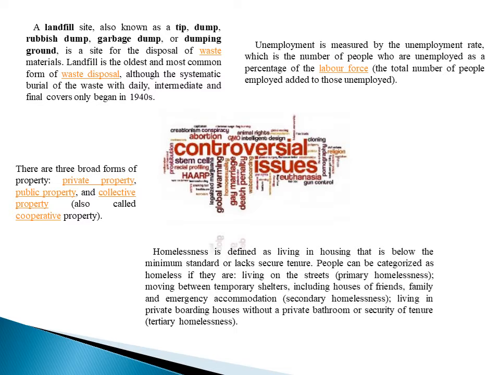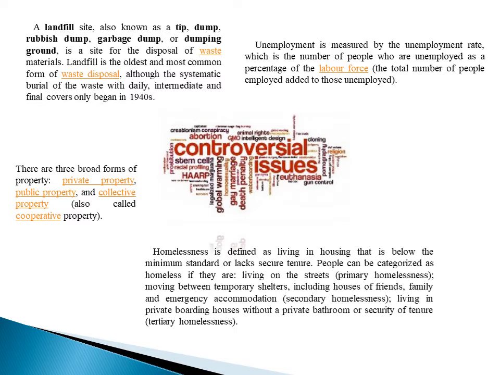Landfill is the oldest and the most common form of waste disposal, although the systematic burial of the waste with daily, intermediate, and final covers only began in the 1940s. Property. There are three broad forms of property. They are private property, public property, and collective property.